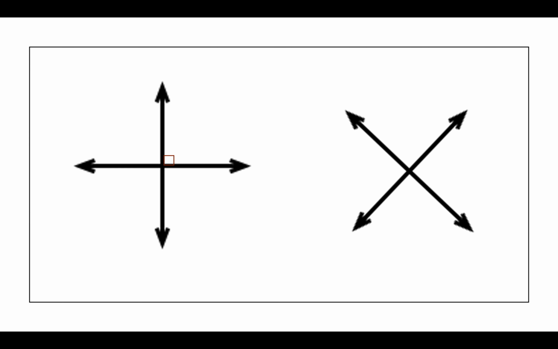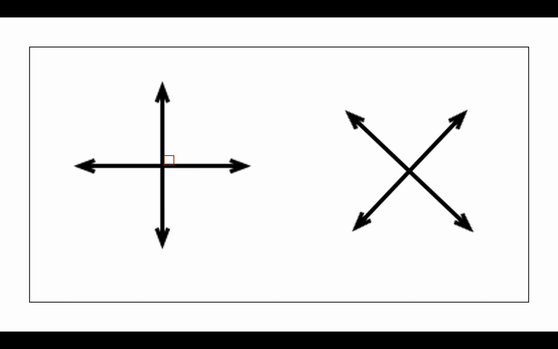So let's start off with what we think of as perpendicular lines. Like this kind of crossroad, these are your perpendicular lines. This is a form of two straight lines intersecting with one another. But there's something special about it.